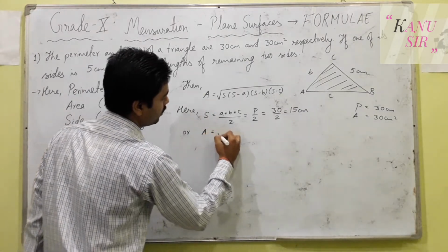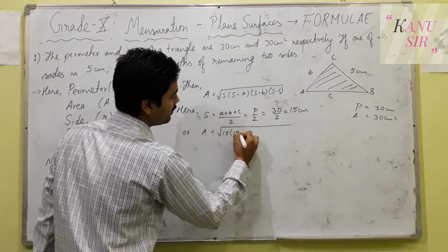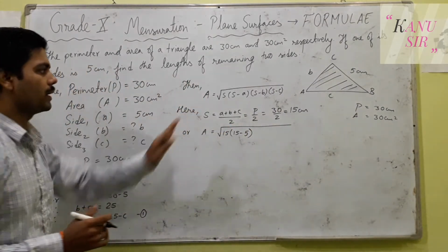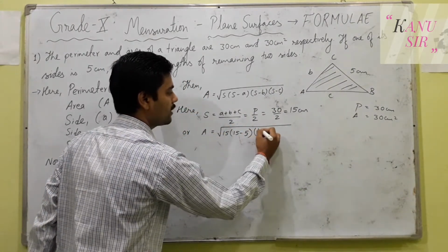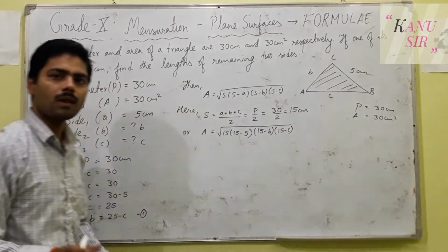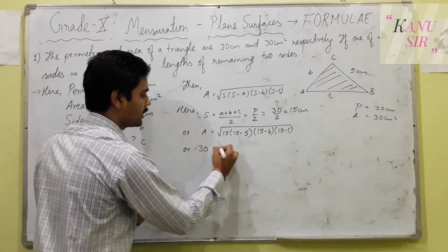A is equal to under root, the value of S is now 15, 15 minus A, the value of A is 5. Now we don't know the values of B and C, so we will simply write 15 minus B and 15 minus C. And one more point we know is that the area is already given, that is 30.